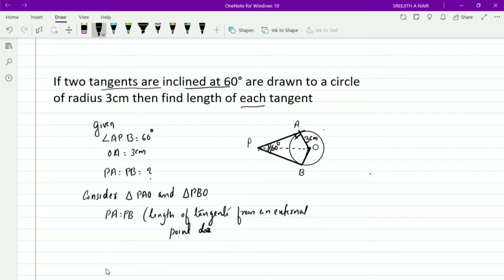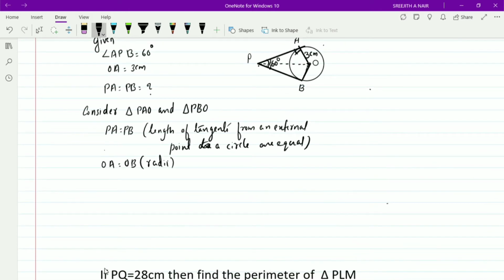Second condition, OA is equal to OB, radii of the same circle. Third condition, OP is equal to OP, common.